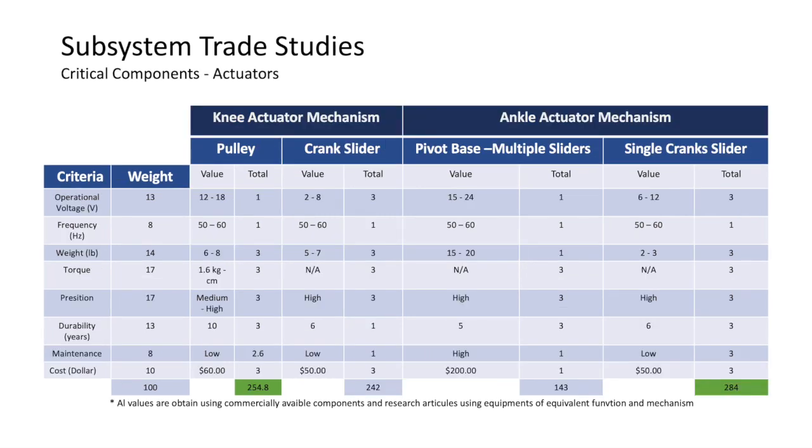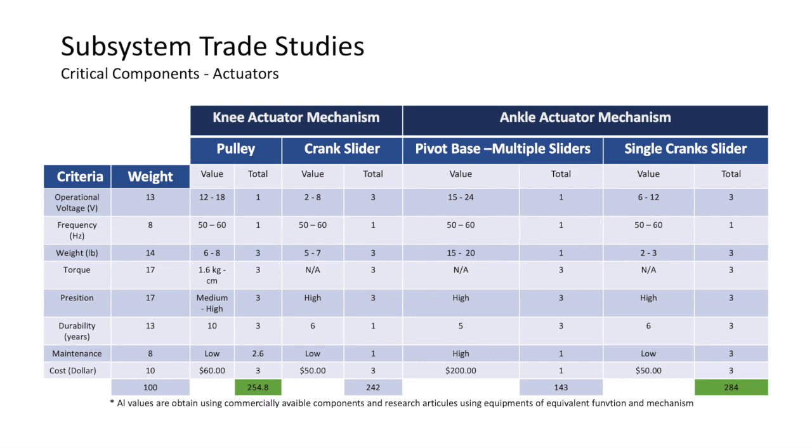In this, we adjust our criteria for the corresponding specification, whereby we have frequency, weight, torque, precision, durability, maintenance, and cost. The mechanisms proposed for the knee were the pulley mechanism and the translator mechanism.